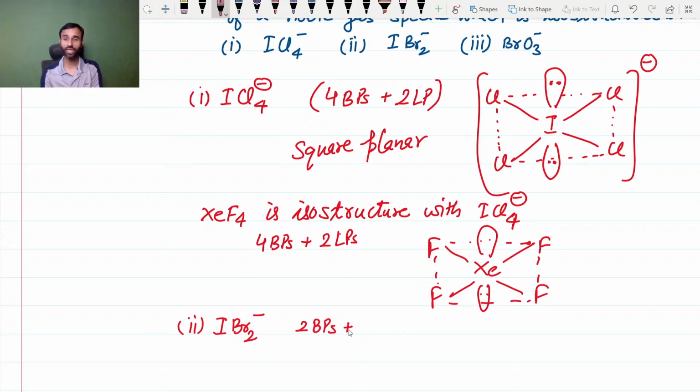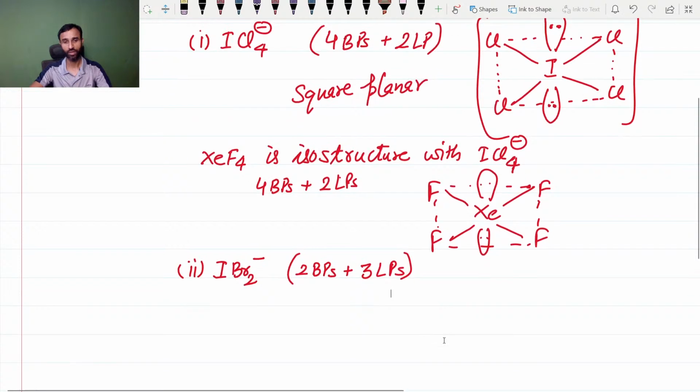So 8 valence electrons total, 7 of its own and 1 because of the negative charge. Out of 8, 2 are shared. So how many left? 6. So there are 3 lone pairs. 2 bond pairs and 3 lone pairs.